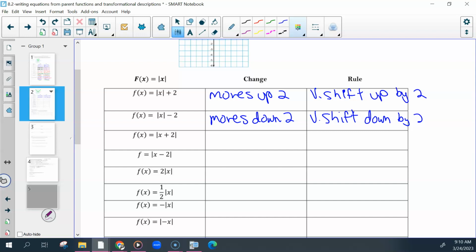The next one. Move left. Move left 2. Remember it's opposite. Left, up. So what would that rule be? Horizontal. Horizontal shift left 2.